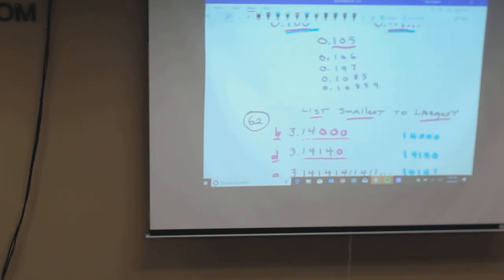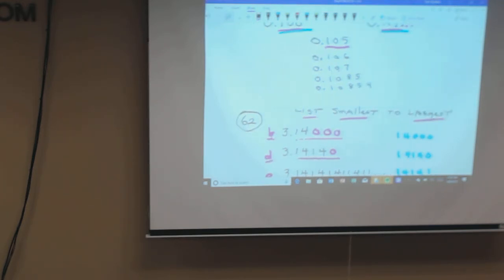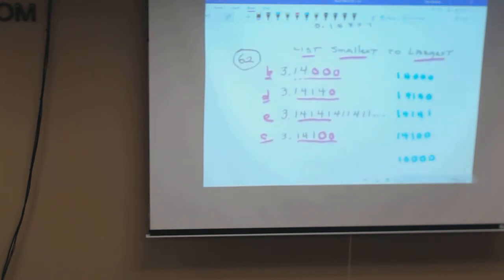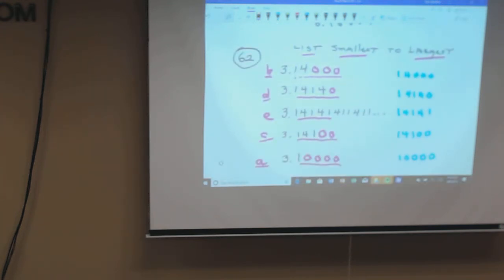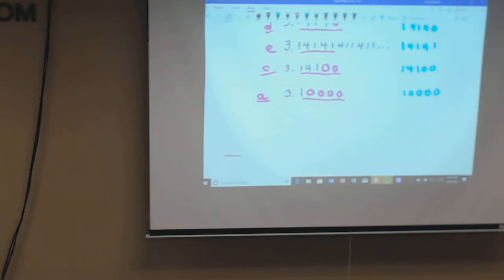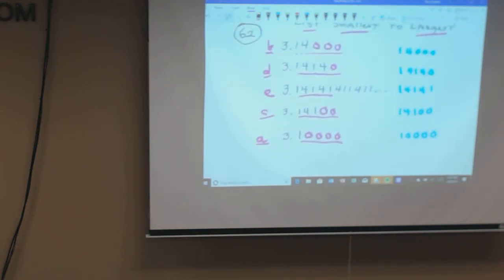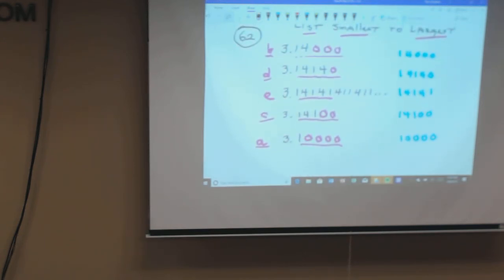List the given numbers in order from smallest to largest. Okay, so I put them out here, and then for problem 62, I've got them out here. Now in red, I annexed zeros to make them all the same length.